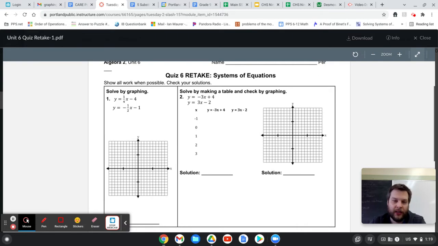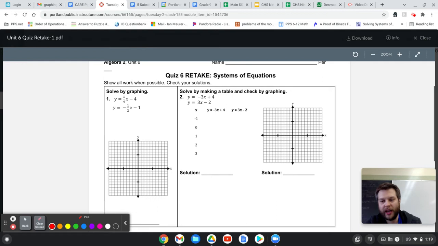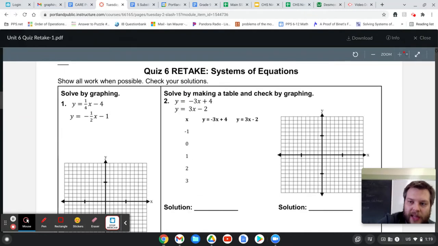It just takes practice. So the first one, we're solving by graphing. And solving by graphing just means draw the graphs and see where they cross over. First one says y equals mx plus b. And so when it's y equals mx plus b, you start at the b, and then you use the m to draw your slope.